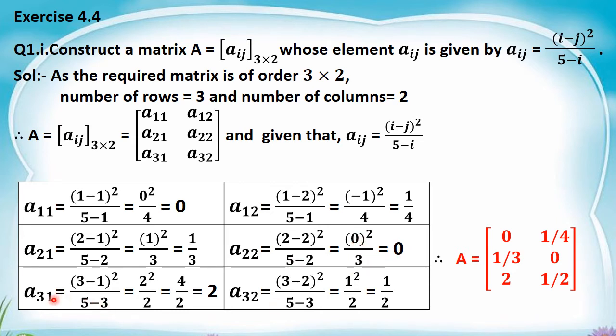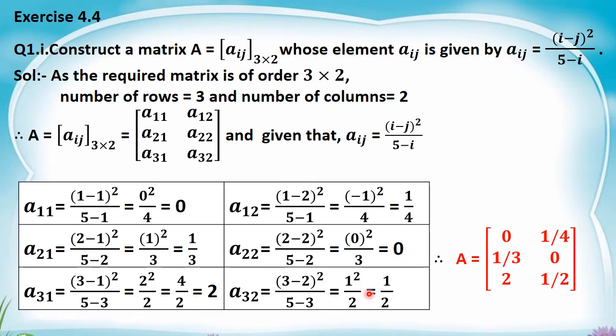Then a31: 3 minus 1 the whole square upon 5 minus 3 is equal to 2 square upon 2, 4 upon 2, equal to 2. And a32 is equal to 3 minus 2 the whole square upon 5 minus 3. 3 minus 2 is 1, so 1 square upon 2, which is 1 upon 2.